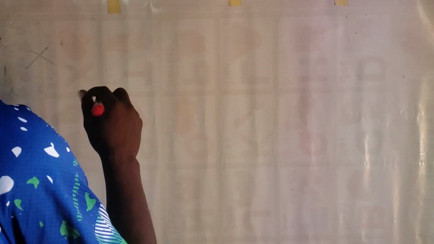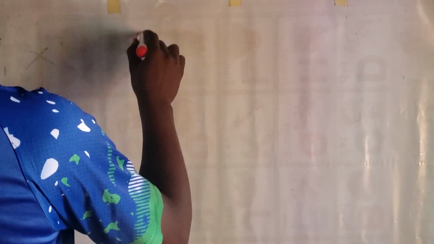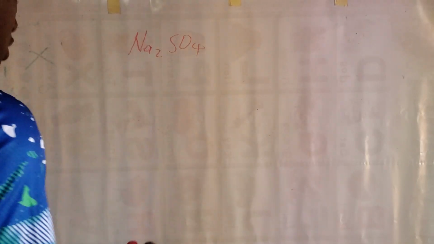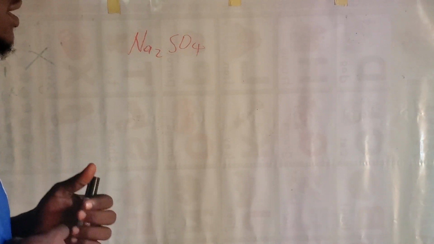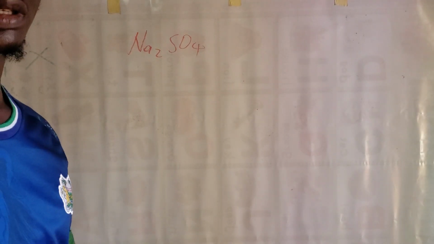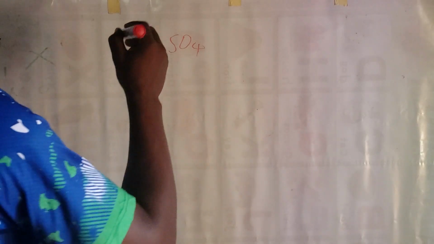If you have a compound like this, you have the sodium sulfate, which is known as sodium tetraoxosulfate 6.